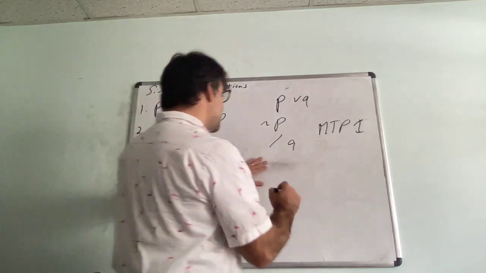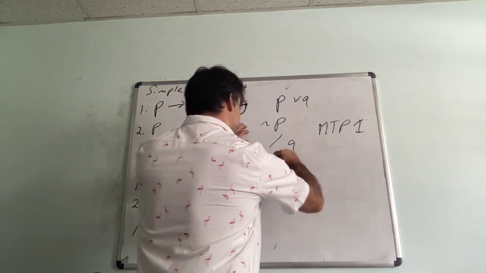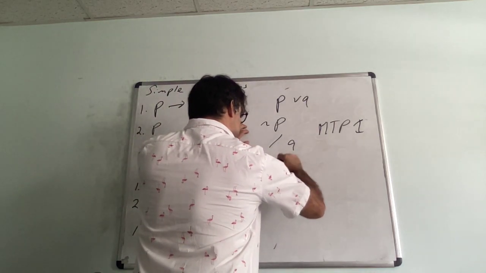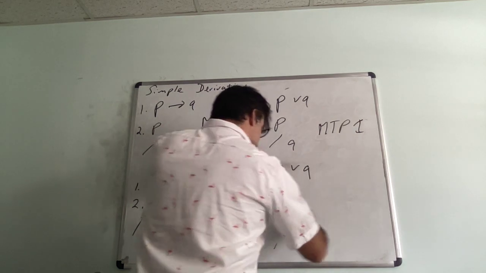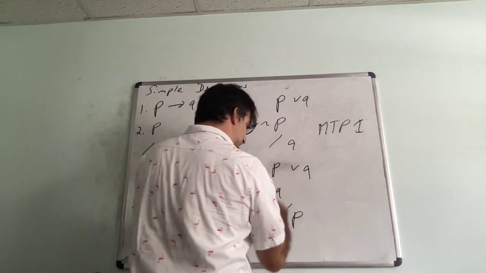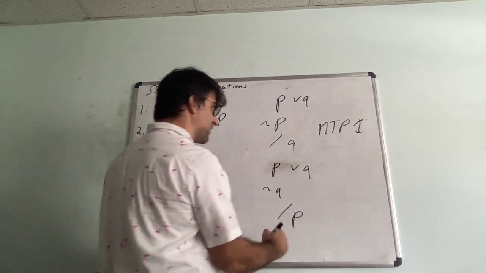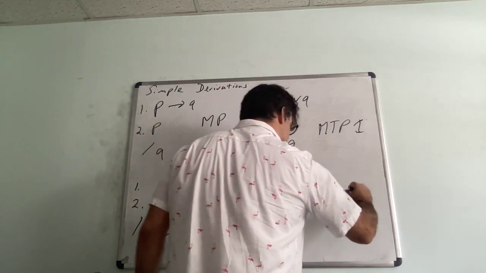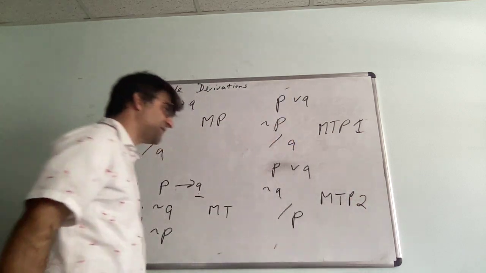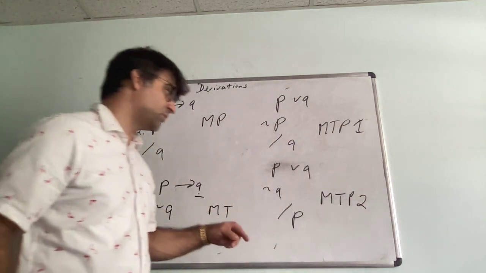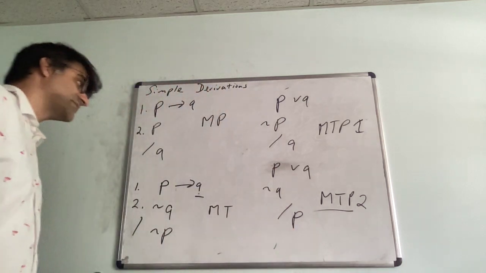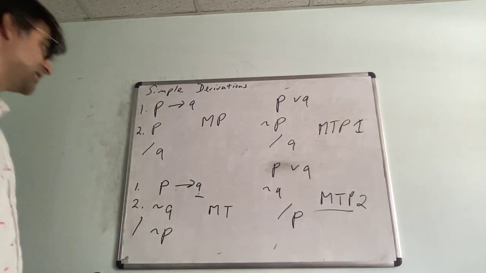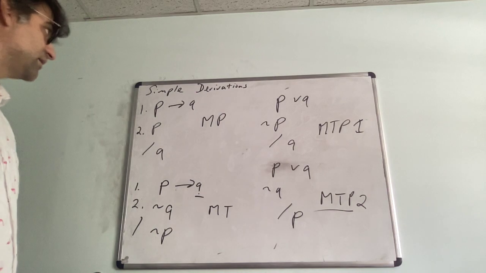But we give you kind of a shortcut here, recognizing that this is pretty much the same: not Q, therefore P. The right half is false, therefore the left half is true. And we just call this MTP2. I'm not going to be fussy over whether you remember MTP1 or 2. If you identify the rule as MTP, you'll be in good shape.